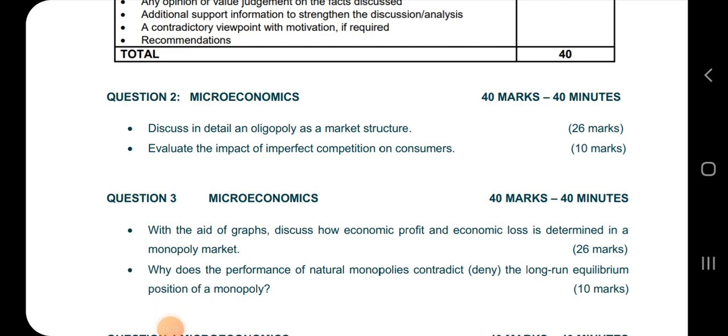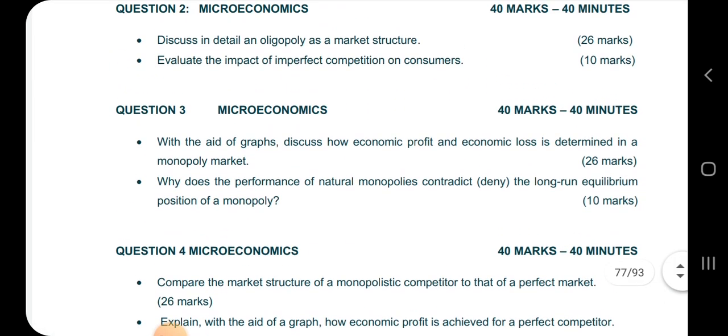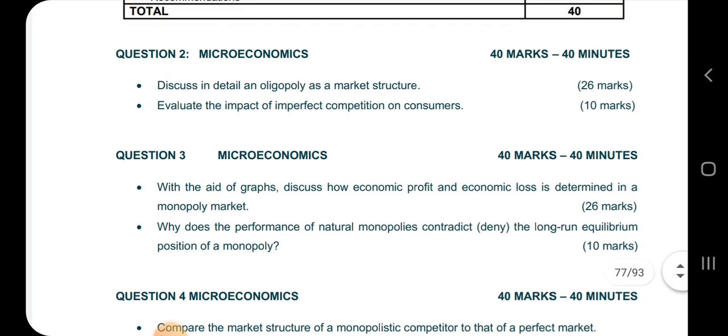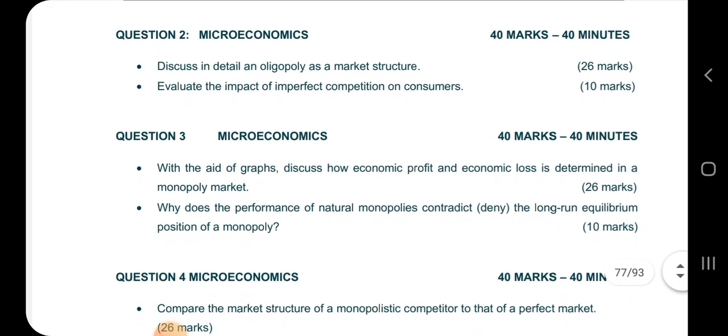And this can be your SA questions. You can be asked, discuss in detail an oligopoly as a market structure, and evaluate the impact of imperfect competition on consumers. So you can answer this. You just do the characteristics.